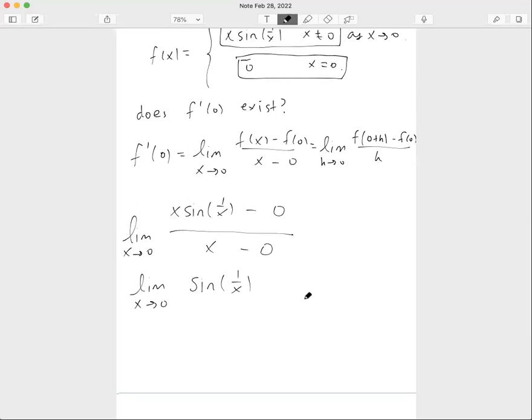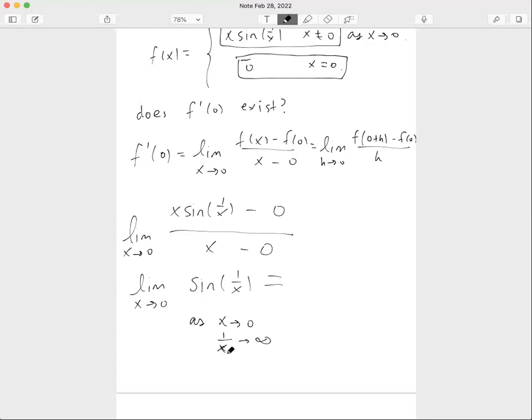Now, can someone think about this limit and say why it is what it is? Think about what's going on in that limit. As x approaches 0, what is the angle doing? Is it going towards infinity? Yeah, 1 over x is approaching infinity.